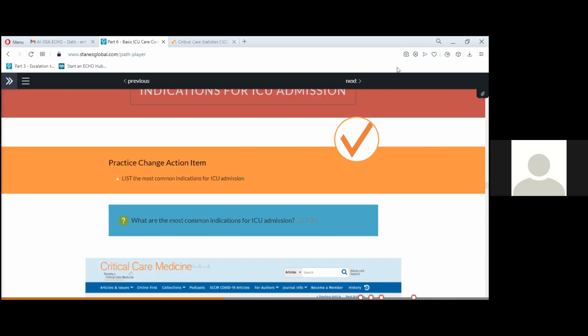There could be other systems involved, which could be cardiovascular, central nervous system, renal and so on. Many of the examples given by our participants in the chat box could fit into some of these reasons.